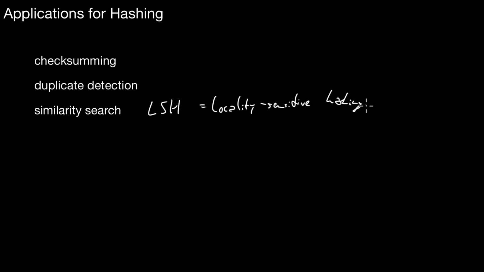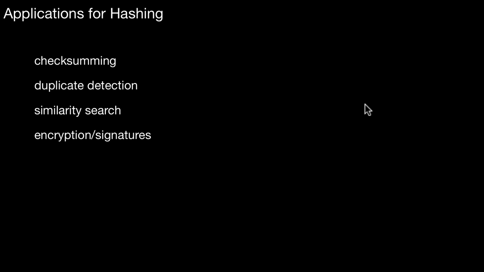That's another application of hashing in the context of data management. Then there's all this encryption and signatures, of course. Many of those algorithms are based on special hash functions. If you think about these SHA functions or the MD5, all these functions are basically hash functions.